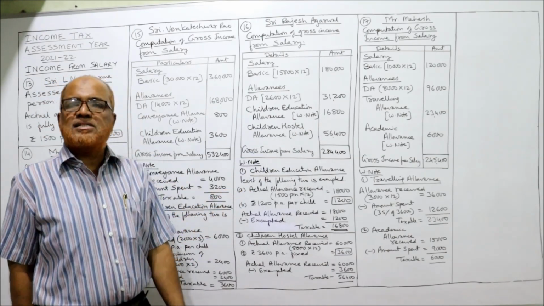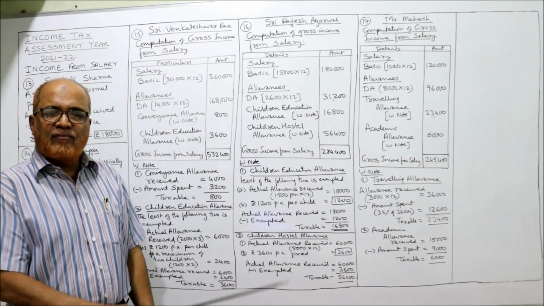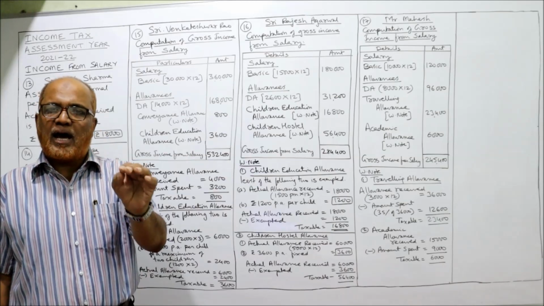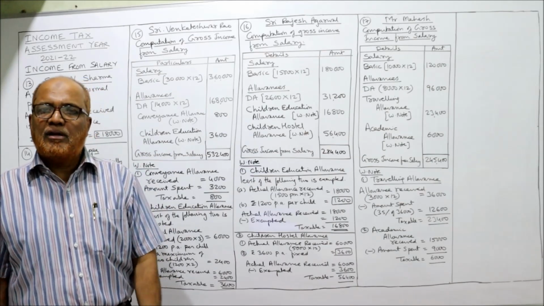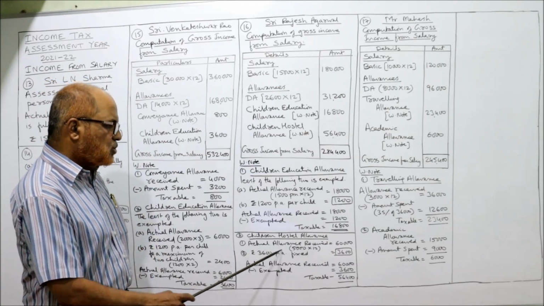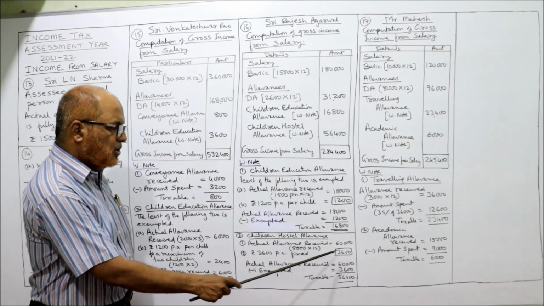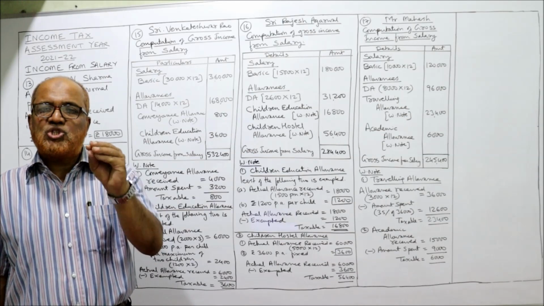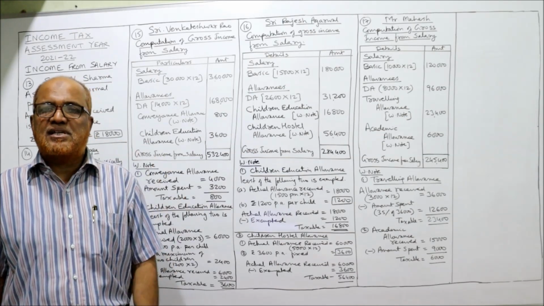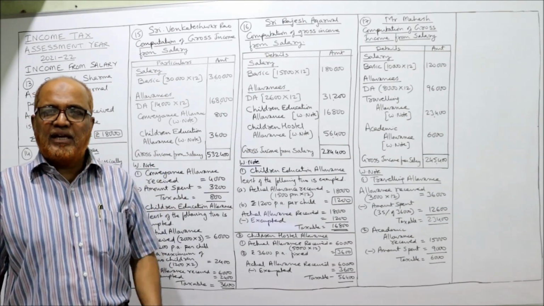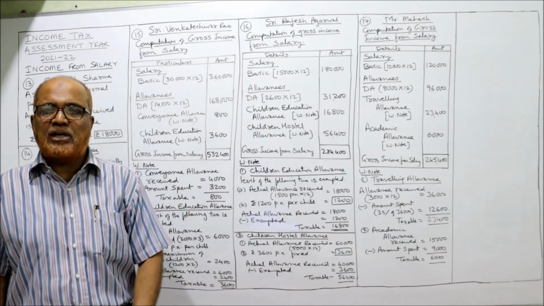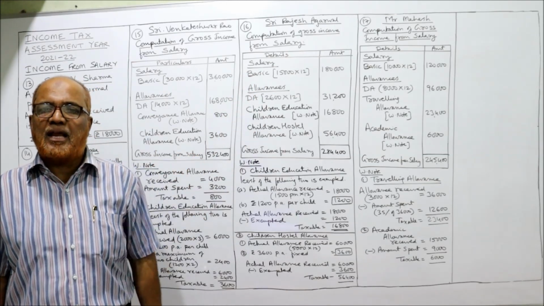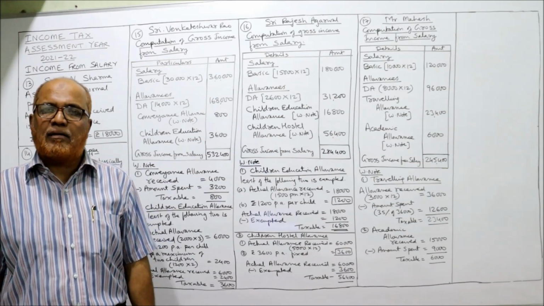Similarly, children hostel allowance, working note number 2. Least of the following two is allowed as exemption. Actual allowance received: 5,000 per month into 12, 60,000. Every month 5,000 rupees children hostel allowance he is getting, only for 1 child. His son is staying in a hostel, and for his son 60,000 rupees per annum the employer is paying.